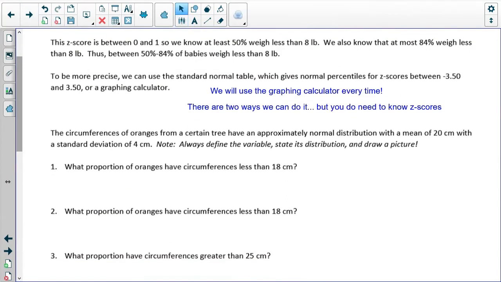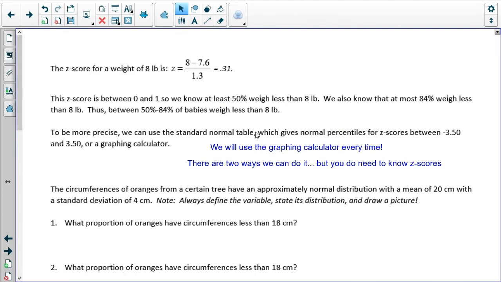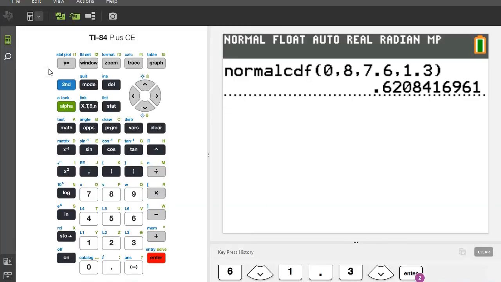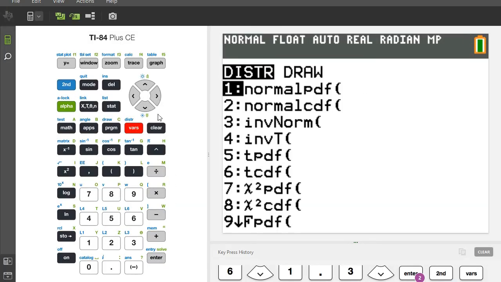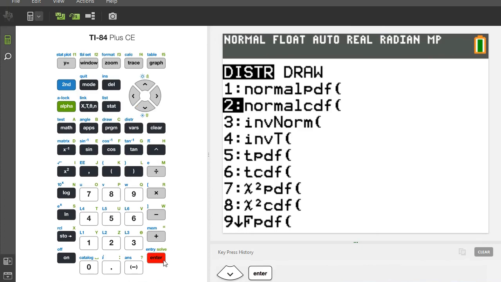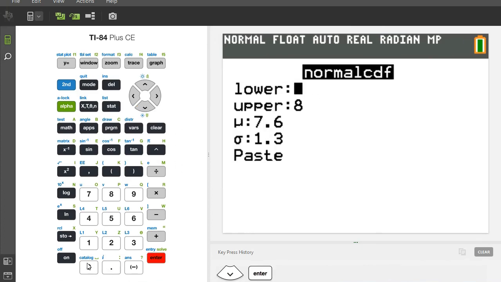I can also do this using z-scores. Recall that the z-score was about 0.31, or it's 0.4 over 1.3. So I can calculate this using a z-score. So normal CDF. My lower bound, all I have to do is pick some negative number that's outrageously negative.